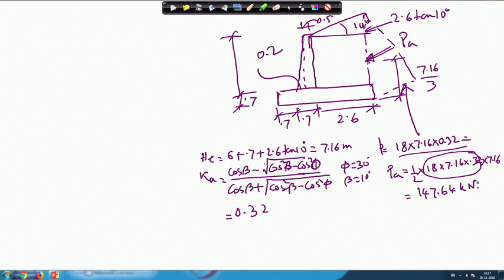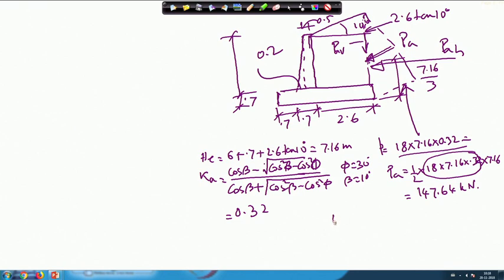And then I can imagine this inclined force as acting vertically, so I can say P active vertical, and I can consider P active horizontal. So, it will be the component of cos 10 degrees.